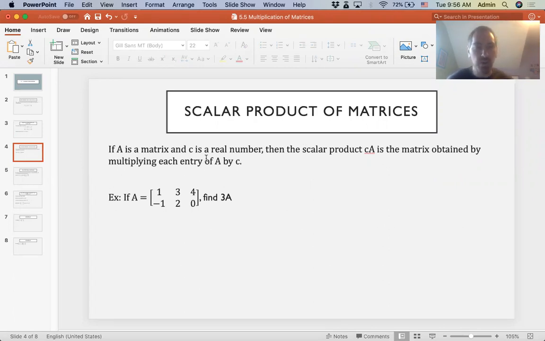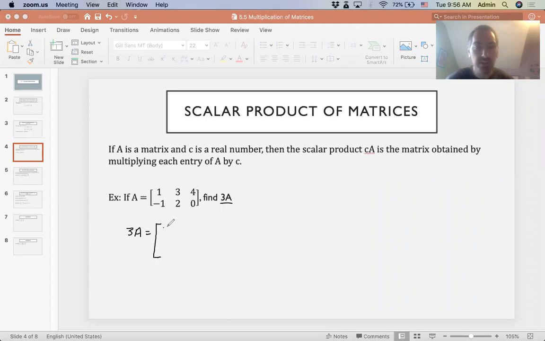All right, so for example, if our matrix A is this 2 by 3 matrix 1 3 4, negative 1 2 0, and we're trying to find 3A, in other words, we're going to multiply this matrix A by the scalar 3. So we're multiplying every entry by 3.